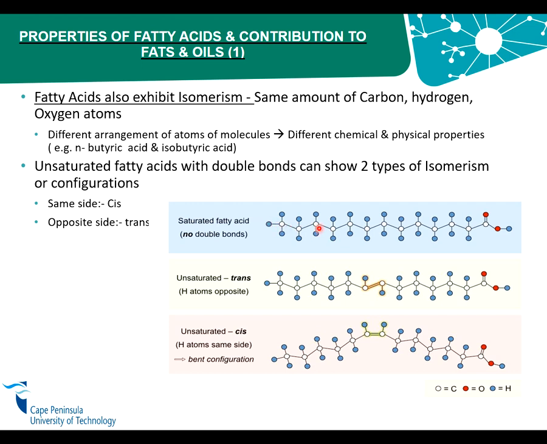These are carbon atoms, and this group is a carboxylic acid group. You've seen it in the glycerol molecule over there. If you've got an unsaturated fatty acid with the double bond and the hydrogen atoms are located in opposite directions, we call this a trans configuration. But if they are on the same side, we call this a cis configuration.